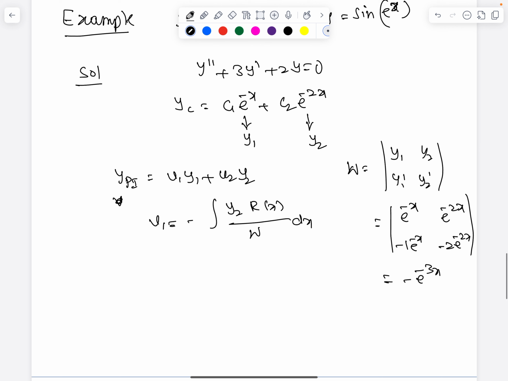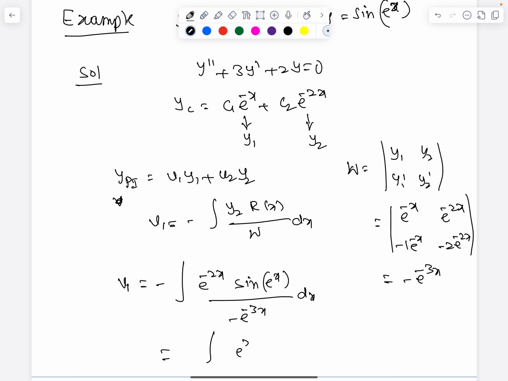So, if you substitute in that, you will get v1 is equal to the integration of y2, which is e^(-2x), r(x) is sin e^x, divided by minus e^(-3x) dx, which is equal to the integration of e^x sin e^x dx. Therefore, the solution is going to be minus cos e^x.